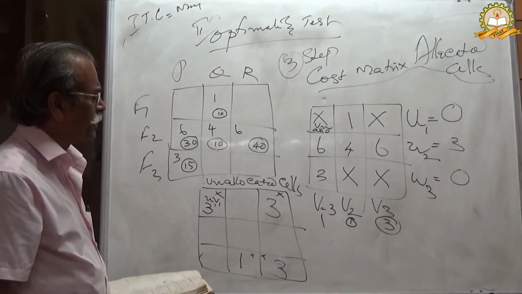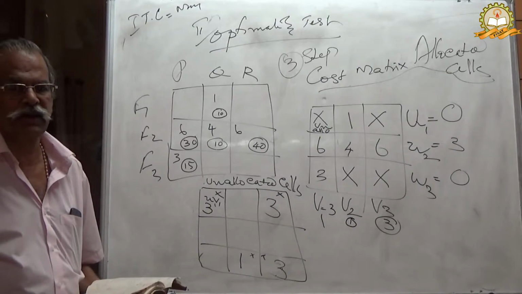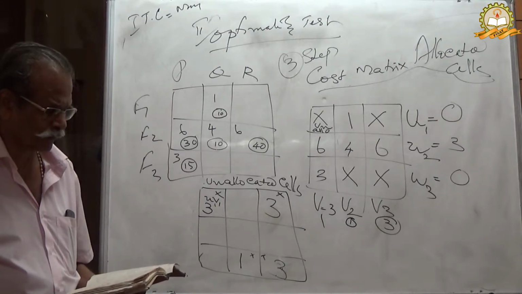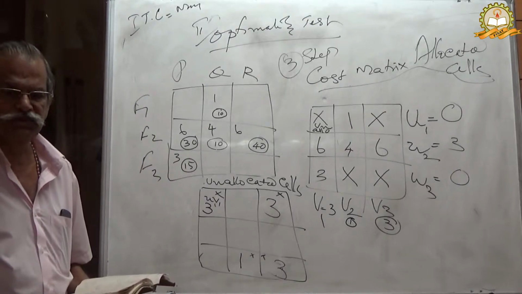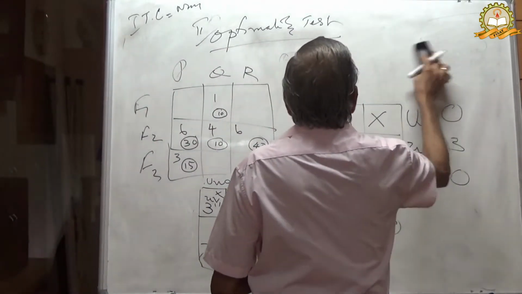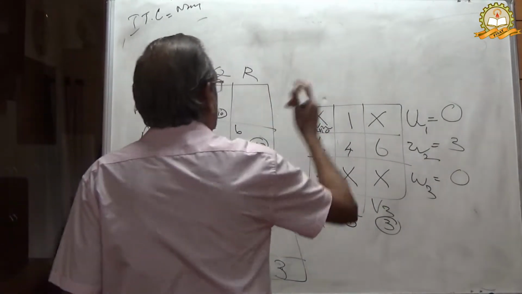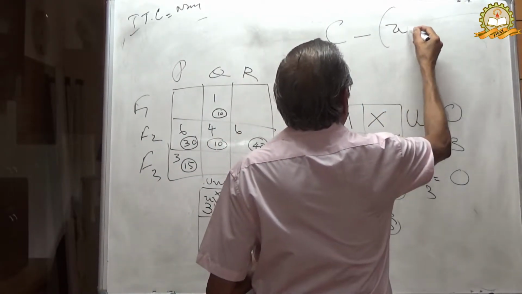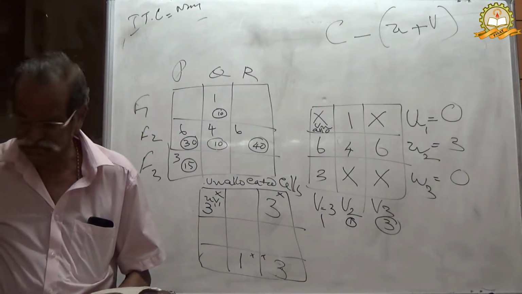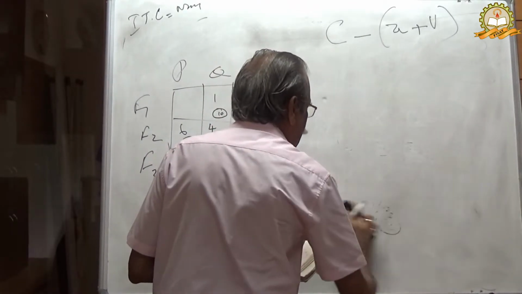Then again you write the heading: cell value of unallocated cells using the formula C minus (U plus V).